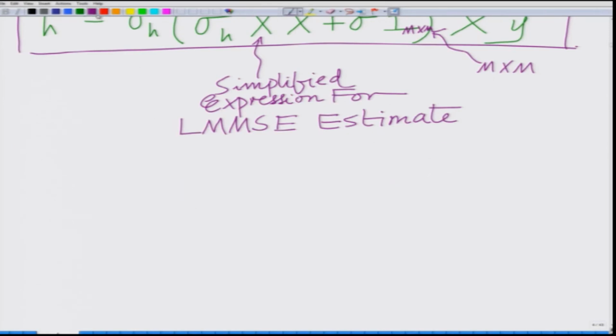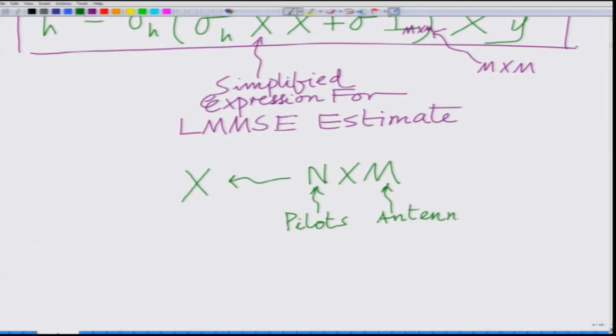That is, if you look at x, which is n cross m, n is the number of pilots, m is the number of antennas.